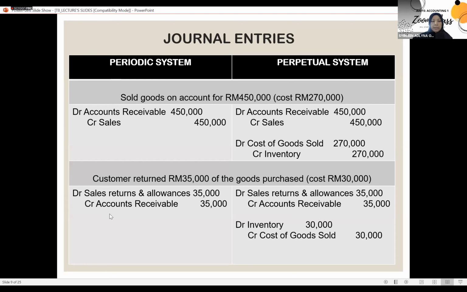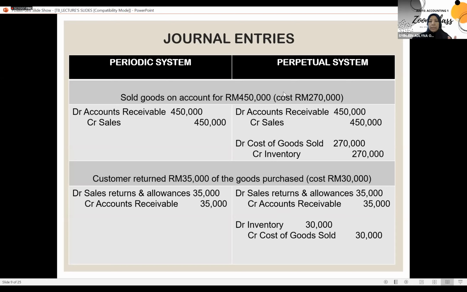Tetapi kita akan credit account receivable under the name of the subsidiary with the same amount. This is using the periodic system. But if you are using perpetual, awak kena ingat tadi masa kita jual, you have two sets of journals. That means kita update pada harga jual and kita update pada harga cost.